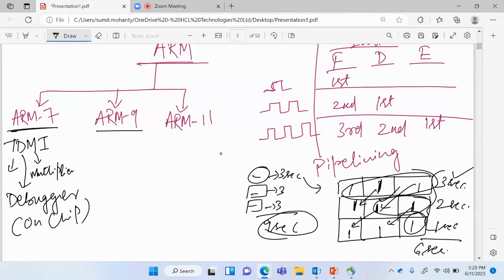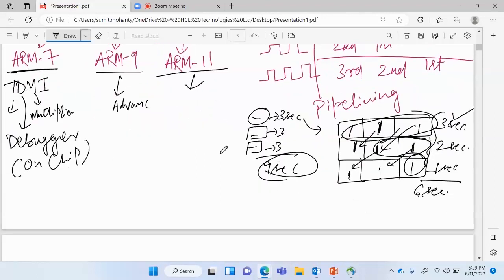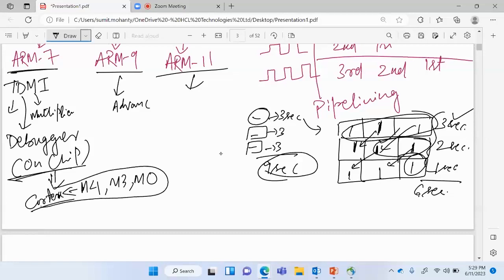Okay, so ARM 9 has some advanced features. ARM 11 is also having some advanced features. Now what happens is ARM 7 is again used with some Cortex series. That means Cortex M4, M3, M0. So that is what happens, some advanced features along with the classic ARM series.